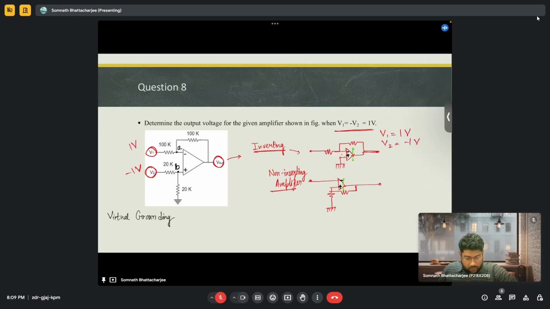The basic concept should be that you calculate VA and then calculate VB, and then try to equate them.